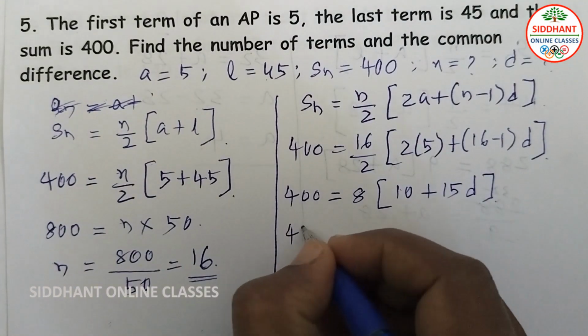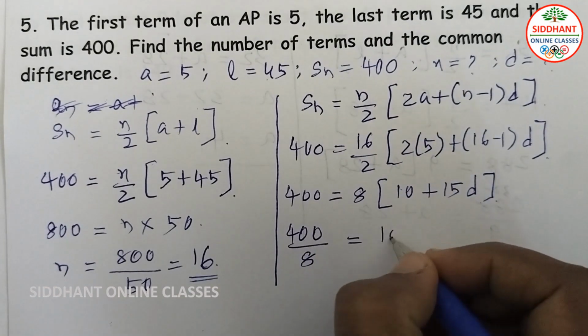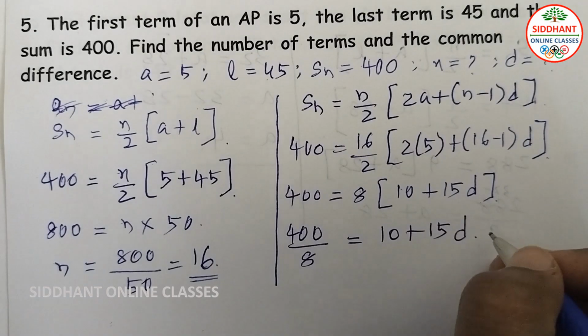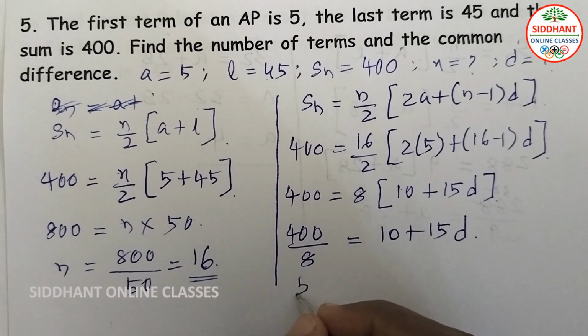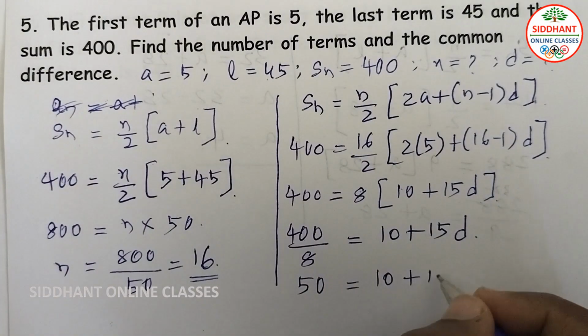Now 400/8 = 10 + 15d. 400/8 is 50, so 50 = 10 + 15d.